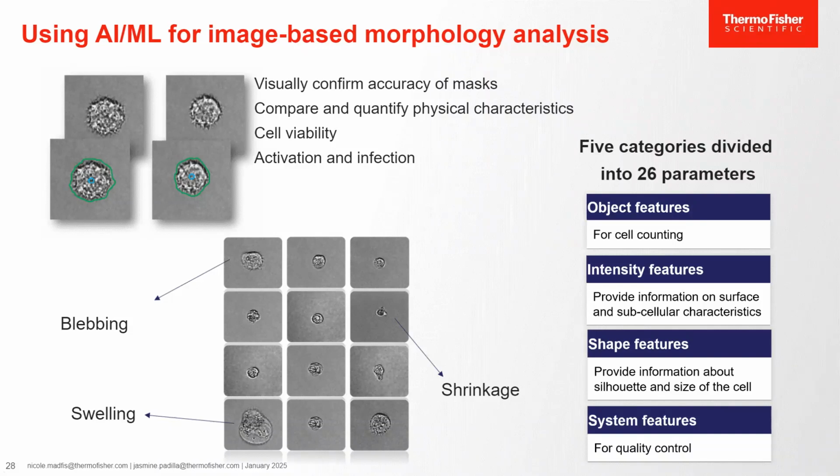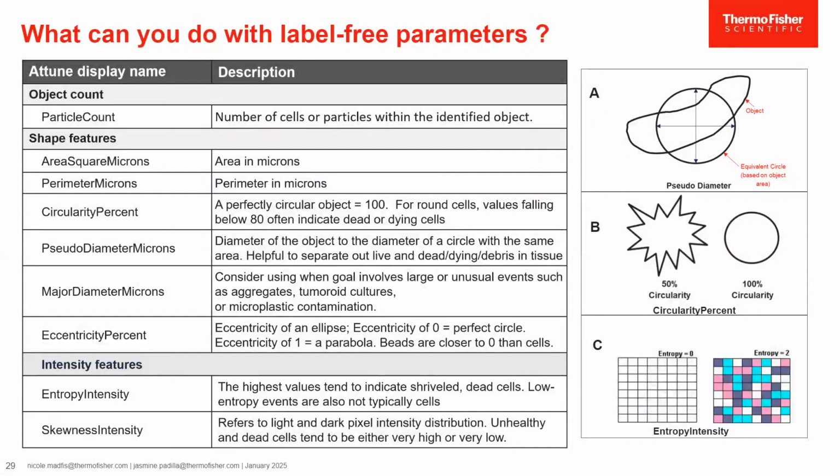These features can help to discern cell responses such as blebbing, swelling, or shrinkage. These morphology parameters are label-free, correlating to various shapes and intensity features, as Jasmine explained earlier.